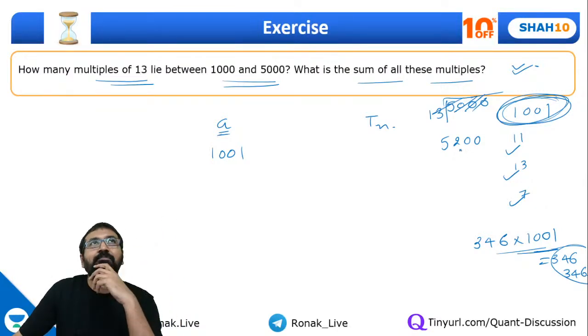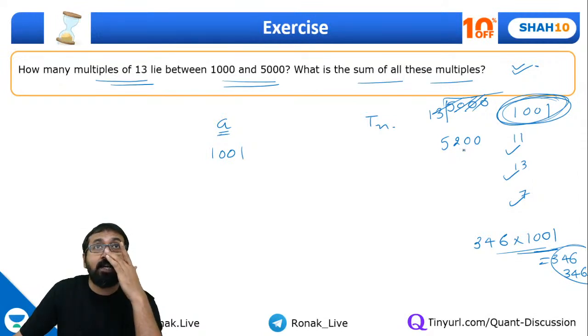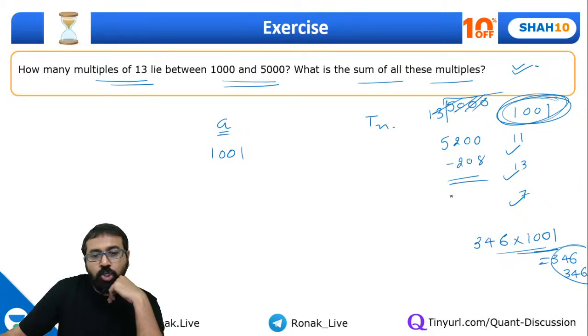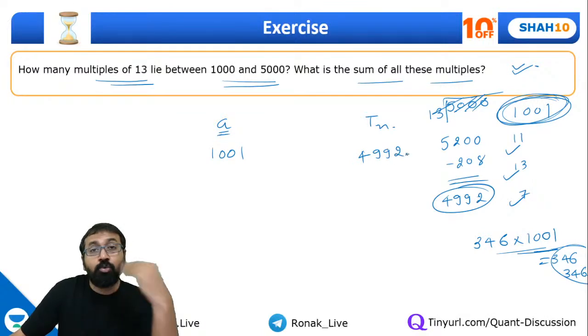So can I say 13 tens are 130 and 13 fives are 65, 13 sixes are 78, right? So 208 is a multiple of 13, yes or no? So this will come out to be 4992. So the last multiple is 4992. I mean, you can do it orally as well, right? So I got the first multiple, I got the last multiple.